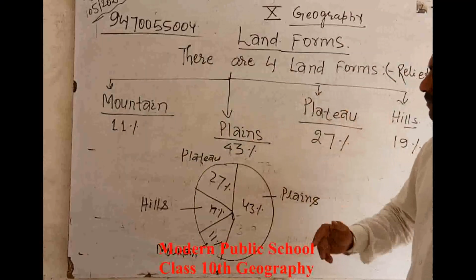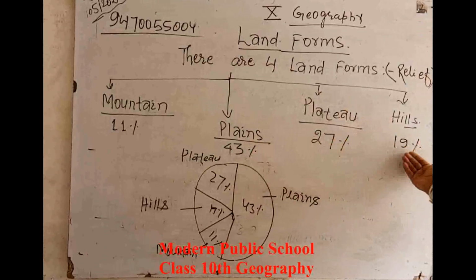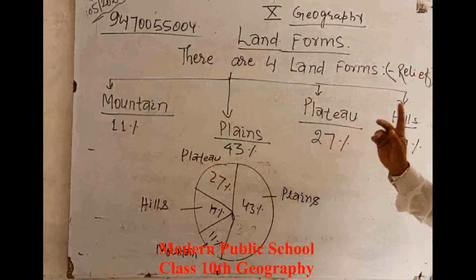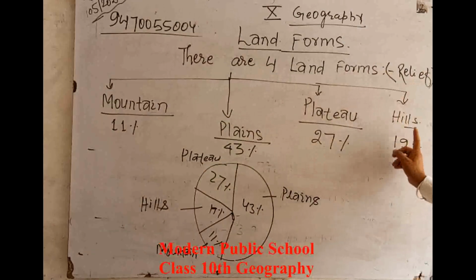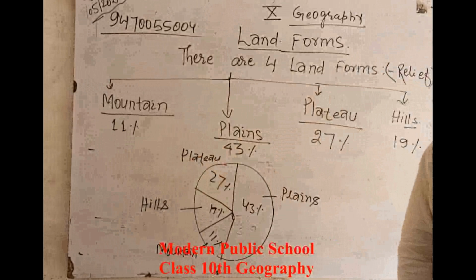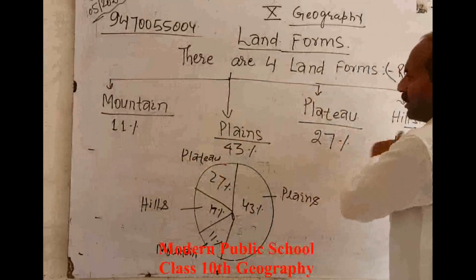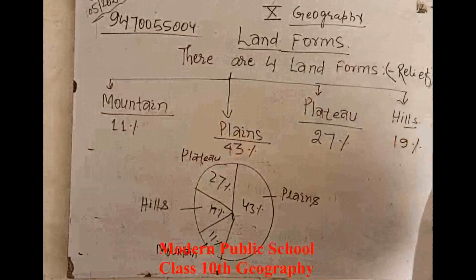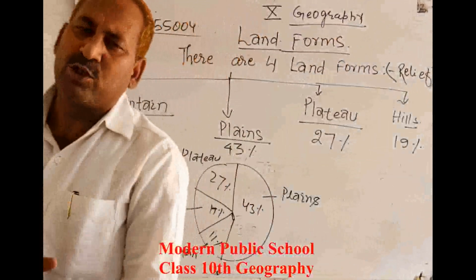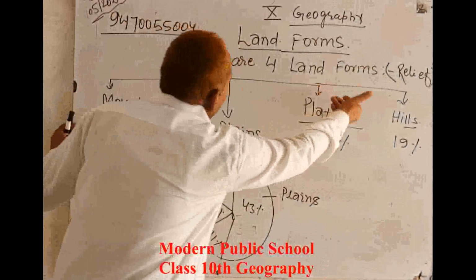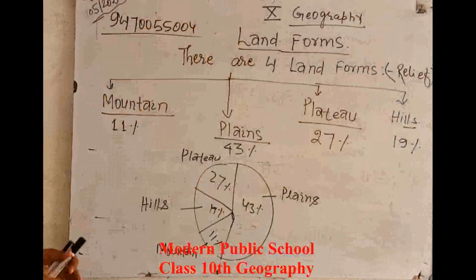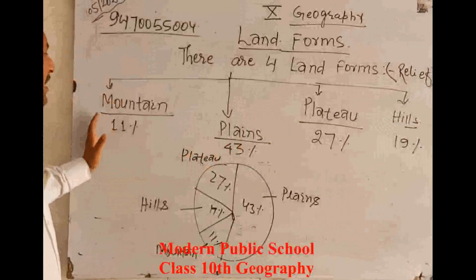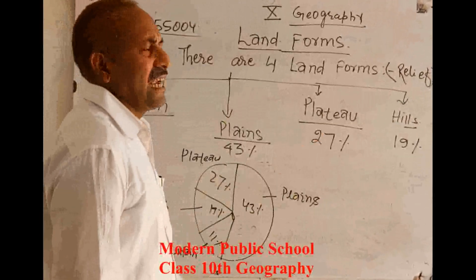So it becomes 43% plains, 27% plateau and 30% mountain and hills. Some geographers explain only three landforms, but I classify this into four forms of land: the plains, mountains, hills and the plateau.